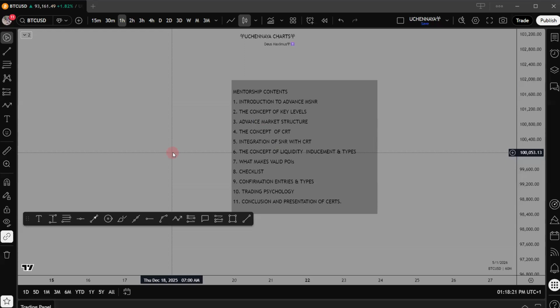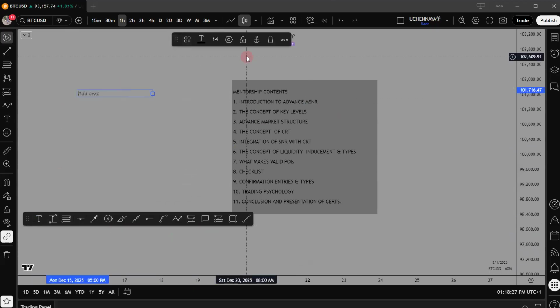Key levels form the basis of your storyline.